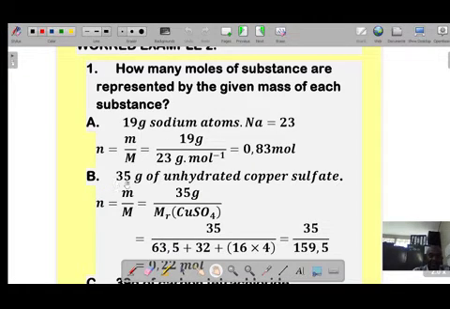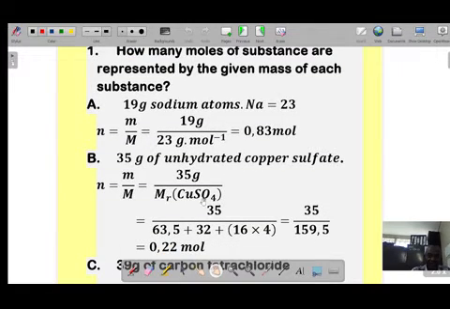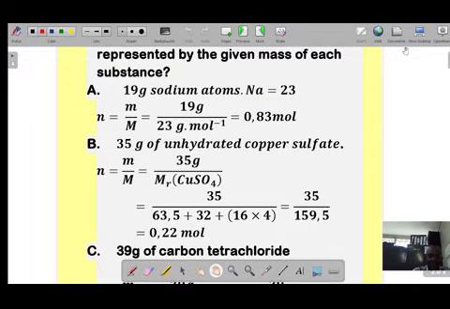Part B says 35 grams of anhydrous copper 2 sulfate. Now they gave us the mass, that is again the 35 grams here. Then the molar mass for copper 2 sulfate, we get it from the periodic table. Now copper is 65. What about sulfur? 32. What about oxygen? It is 16. Maybe you want to see this. Let me show you this one here. But I think you know that, guys. Copper is 63.5.